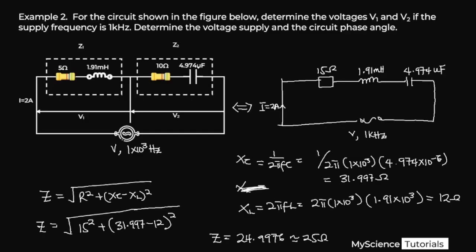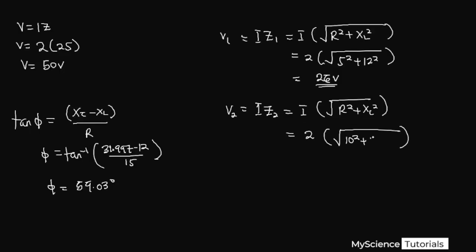Since we only have one capacitor, this XC is equal to the one we found earlier, 31.997, or let's just make it 32, so 32 squared. If we calculate everything, we have 67.05 volts as our second voltage.